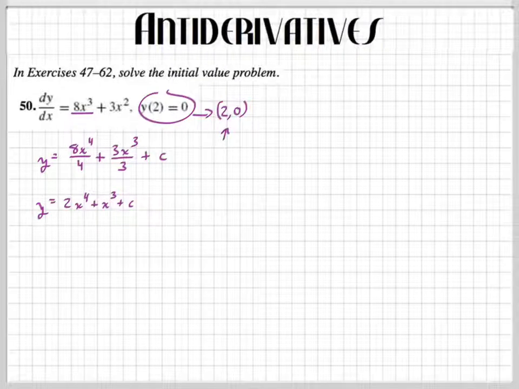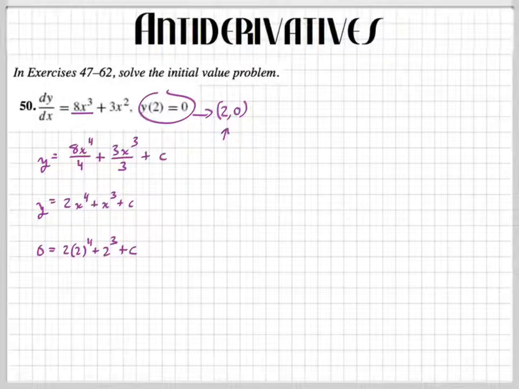That's the y graph. So what we're going to do is plug the 2 and the 0 into our respective variables. We'll get 0 equals 2 times 2 raised to the 4th power plus 2 raised to the 3rd power plus c.